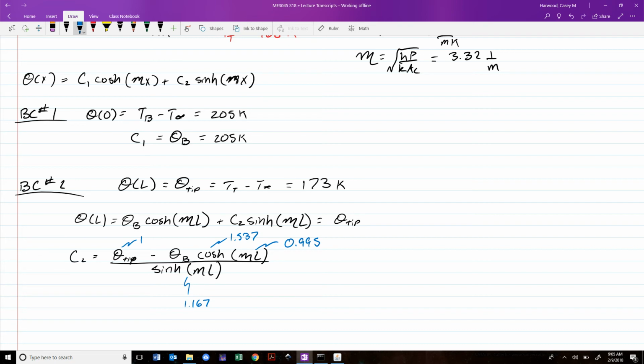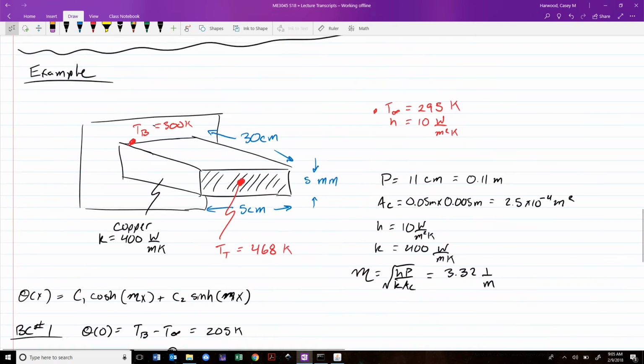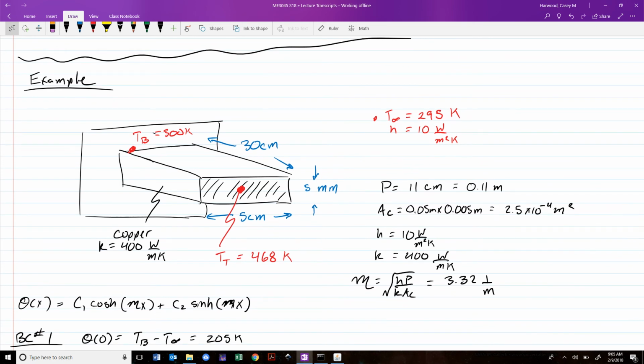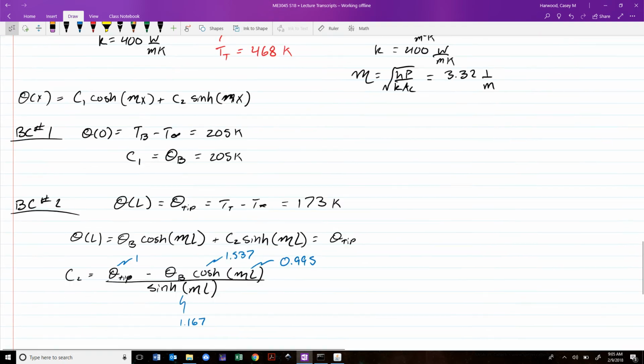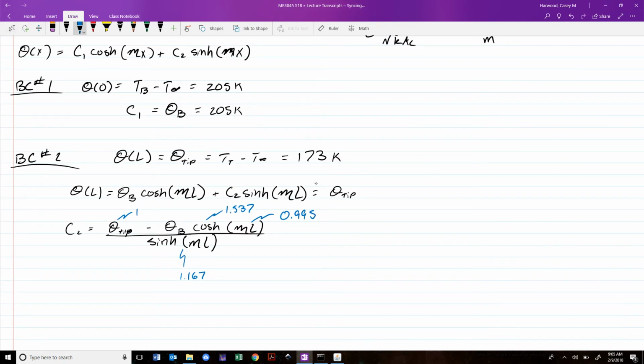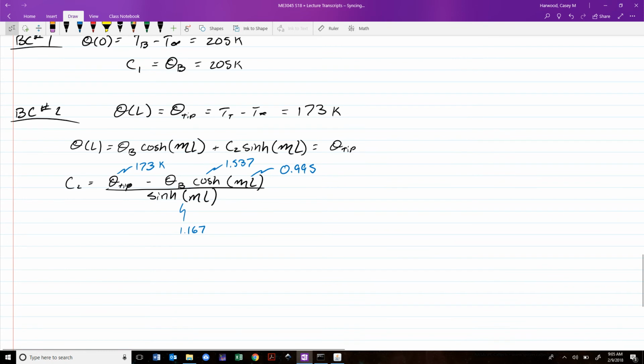That is 173, isn't it? Yeah, it looks like I had a typo in my example here. 173 Kelvin.